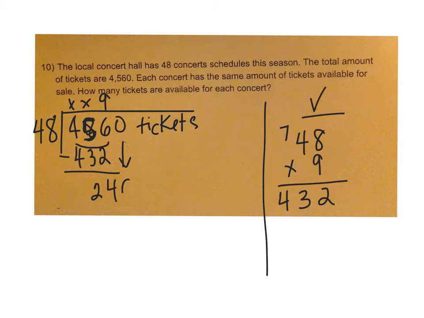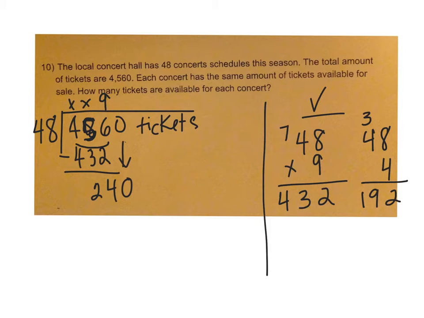Bring down my 0. Alright, so 240 is about half of what I did when I multiplied by 9. So I'm going to try 4 and see how that works out. 8 times 4, and 4 times 4 is 16. That gives me 192.